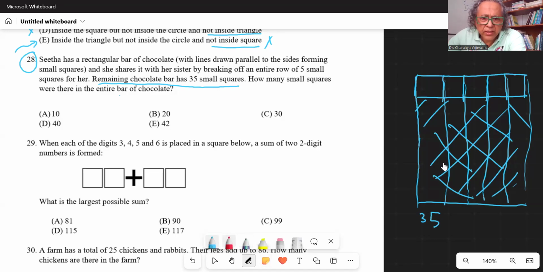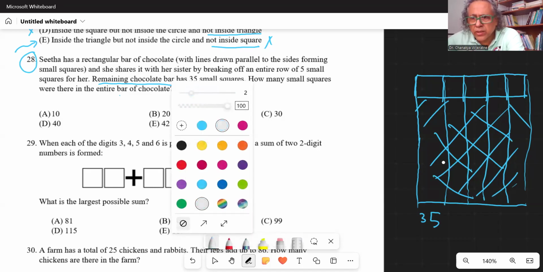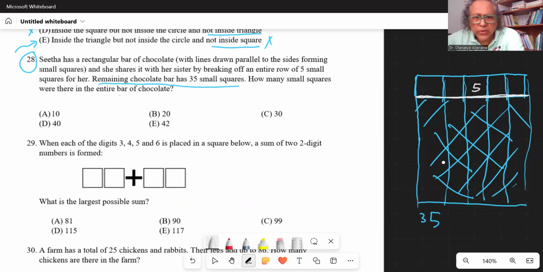So let's use a different color. This side has five squares. And this side, how many?